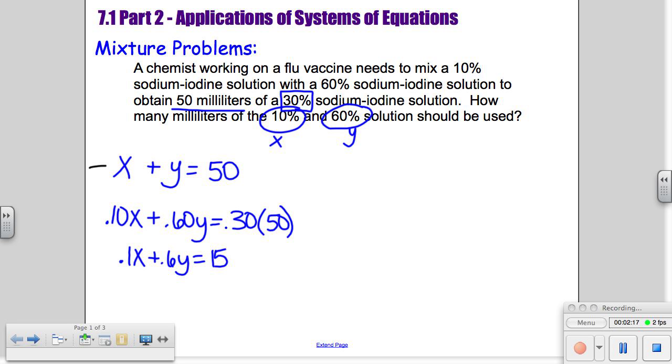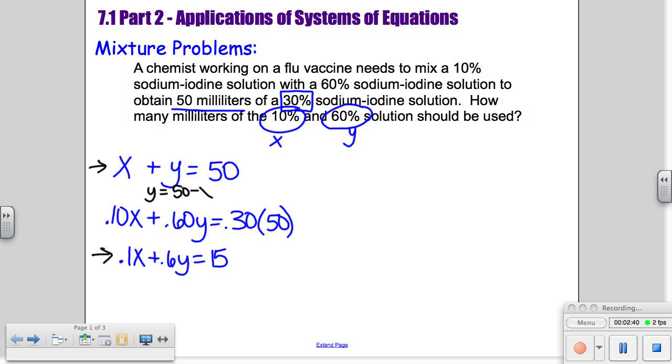Now I have two equations with two unknowns, and I can solve that system. We have a couple of options on ways to solve, and it's up to you which method you want to use. I'm going to go ahead and use the substitution method, so I'm going to rewrite this first equation as y equals 50 minus x.